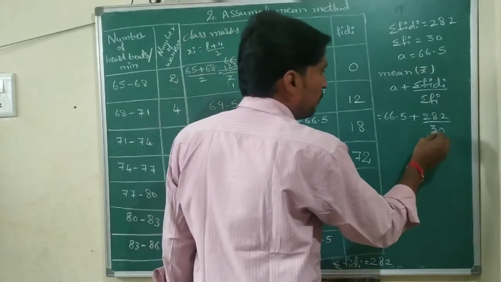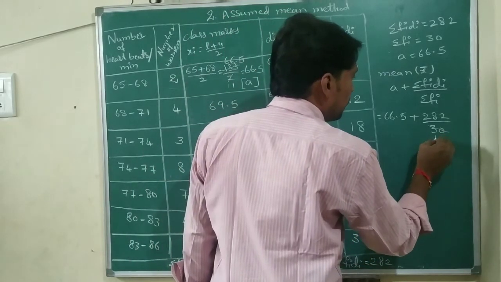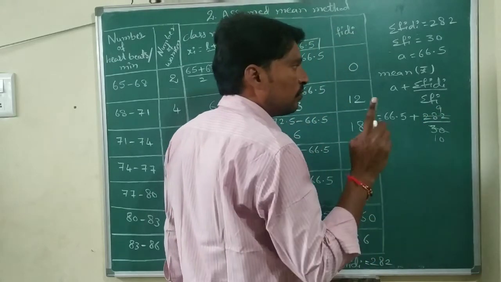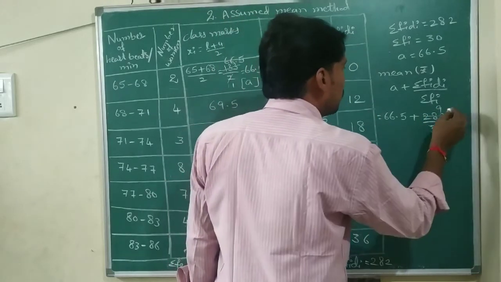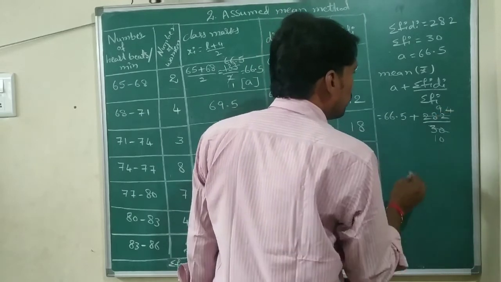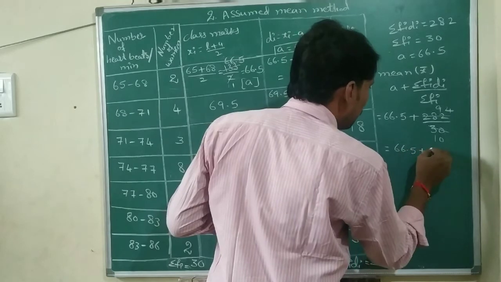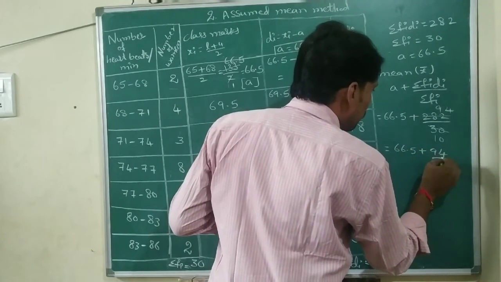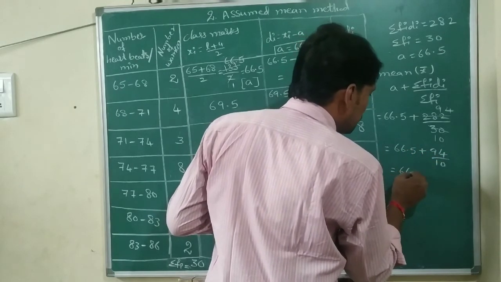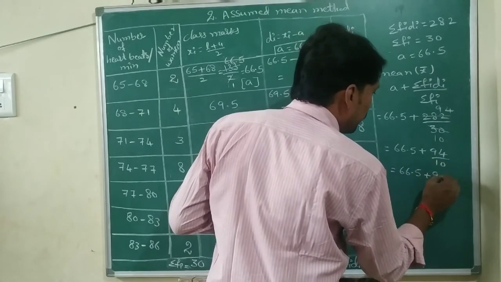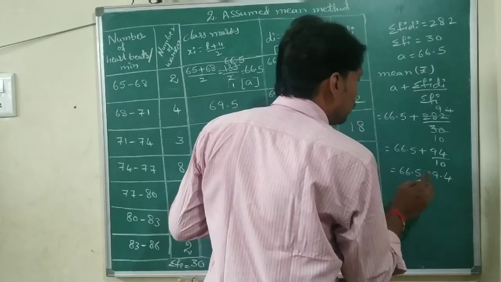Now we can cancel with the 3 table: 3 10s are 30, 3 9s are 27, 1 remained, that is 12, 3 4s are 12. So 66.5 plus 94 by 10, and 94 by 10 is 9.4.